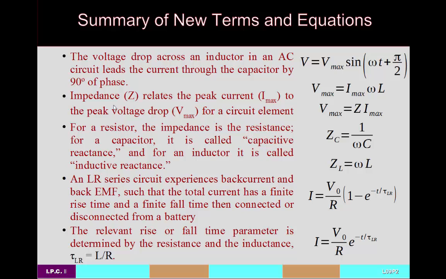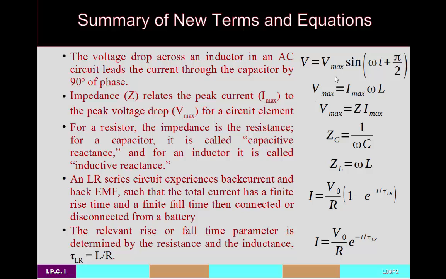Impedance is another new term that was introduced. I already talked about it in terms of the capacitive reactance. There's also an inductive reactance that goes with inductors, and it relates the maximum voltage to the maximum current. So Vmax equals Z times Imax.